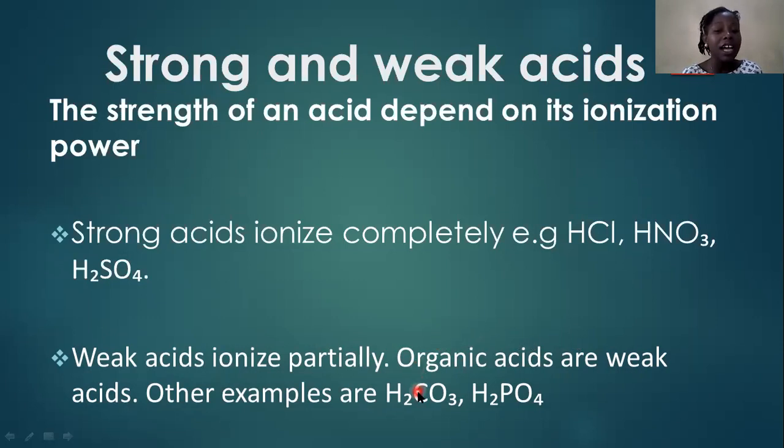Other inorganic acids that are weak are trioxocarbonate (IV) acid and tetraoxophosphate (V) acid. So in nature, organic acids are weak, while trioxocarbonate (IV) acid and phosphoric acid are weak acids, while these three, hydrochloric acid, trioxonitrate (V) acid, and tetraoxosulfate (VI) acid, are strong acids.